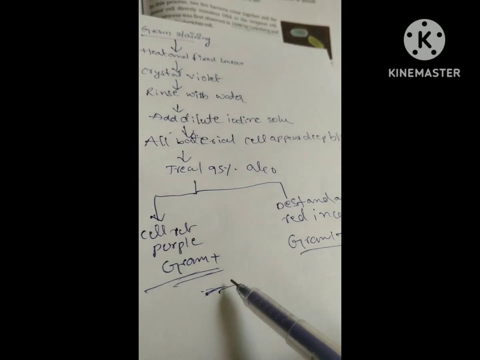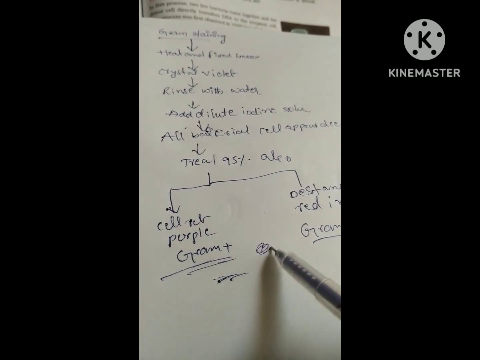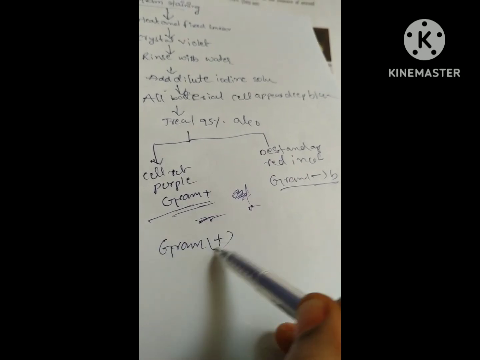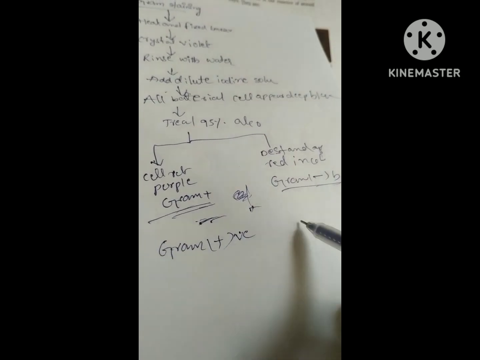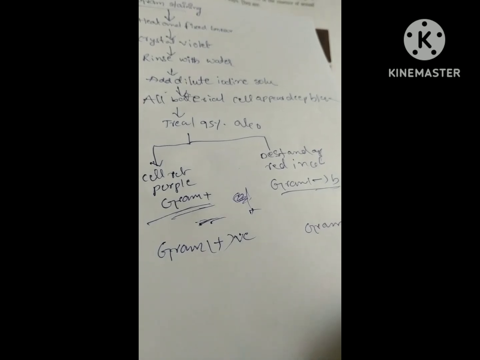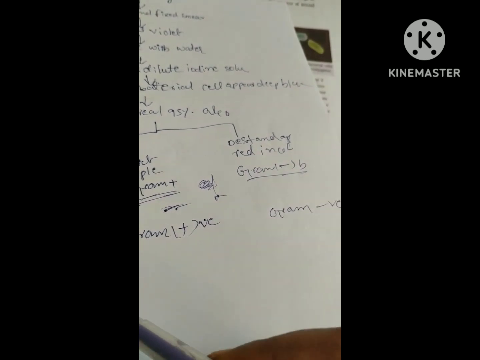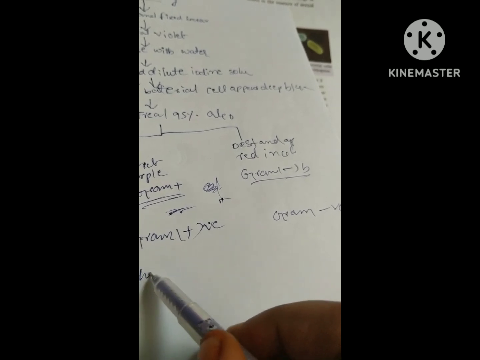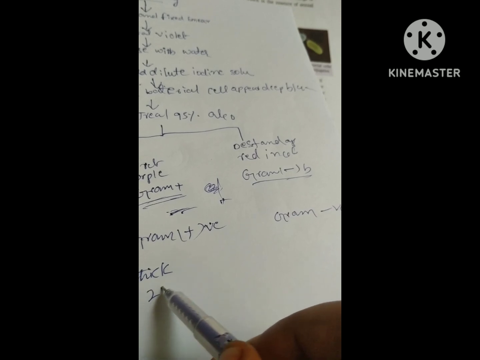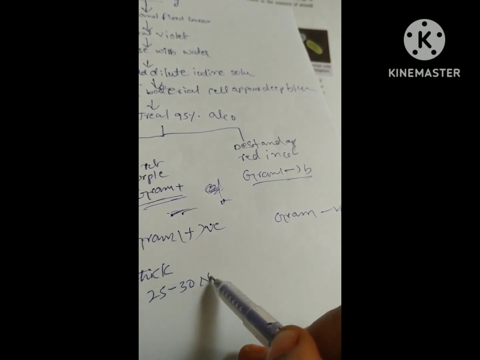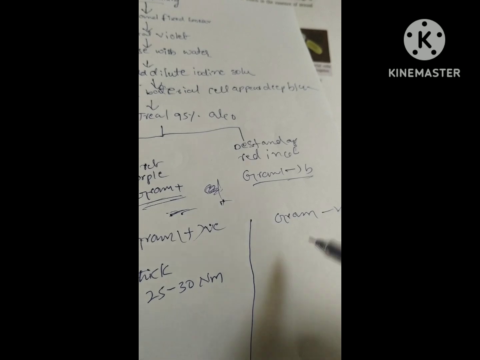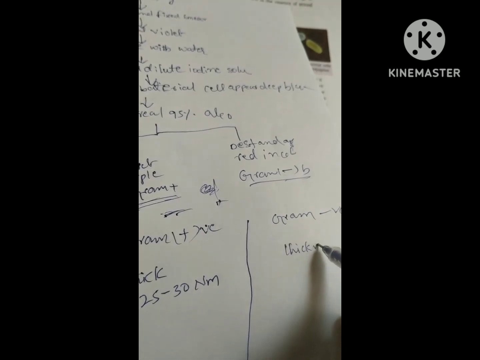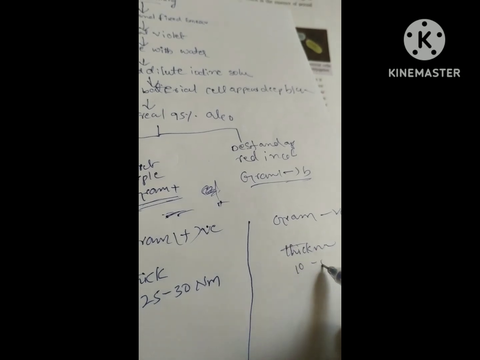The main character is the peptidoglycan layer. In gram positive bacteria, the cell wall is thicker, 25 to 30 nanometers. In gram negative bacteria, the cell wall is thin, only 10 to 15 nanometers.